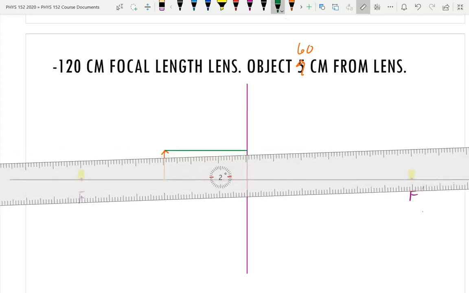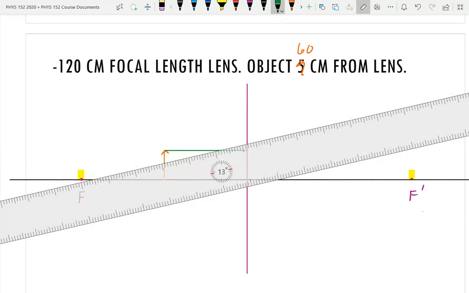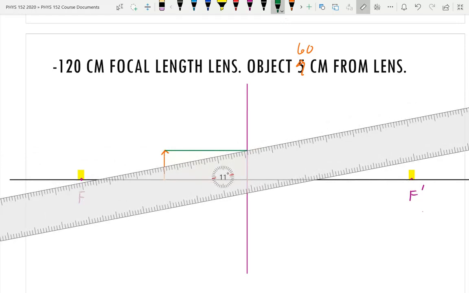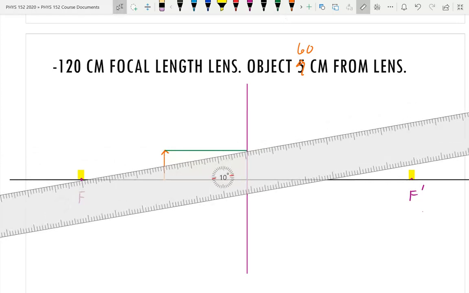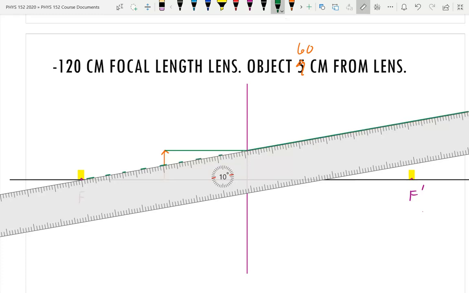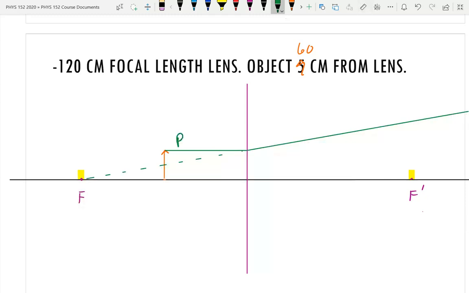Okay. Now what I said before was it goes through the principal focal point. Well, now the principal focal point's on the wrong side. And so I draw it as if it came from there. There's an extrapolation. So there is my parallel ray. It doesn't look the same, right? It looks different because the principal focal point was on the other side.